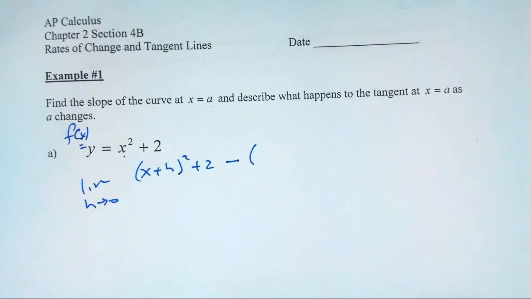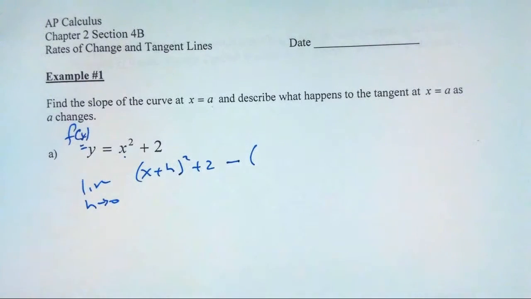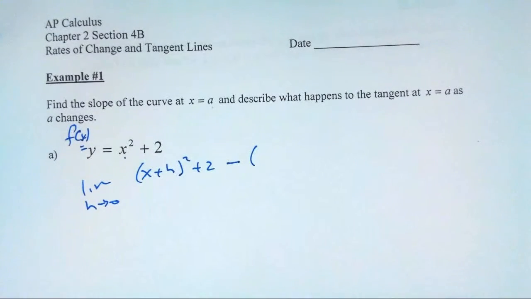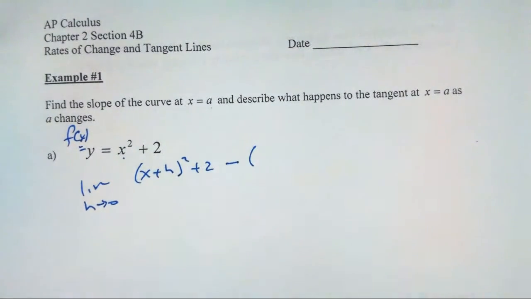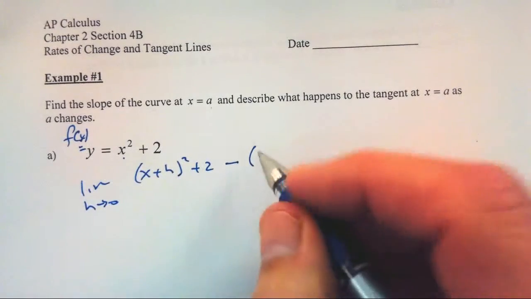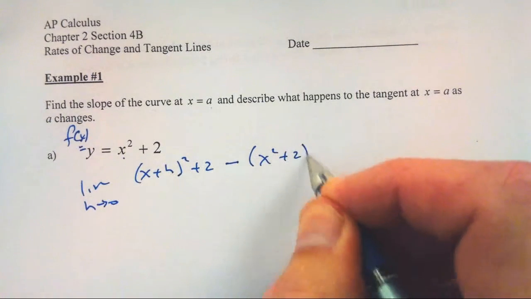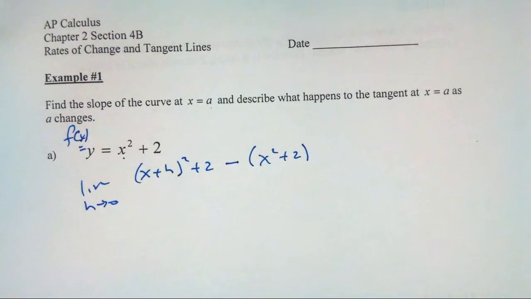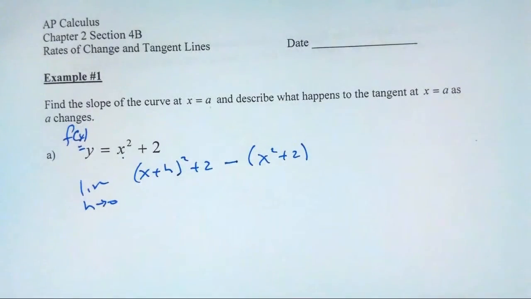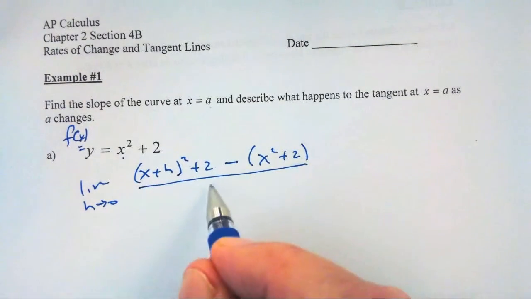There are times you don't have to, but it won't hurt to have a parenthesis around a monomial. It will hurt not to have a parenthesis around a binomial or beyond. Okay, minus f of x, x squared plus 2. Is that right? All over h.